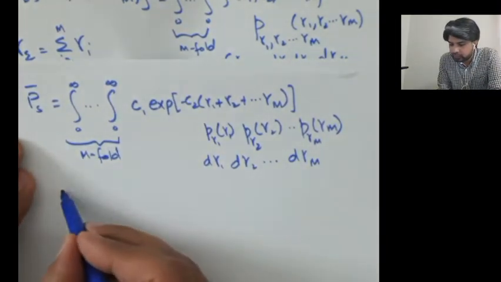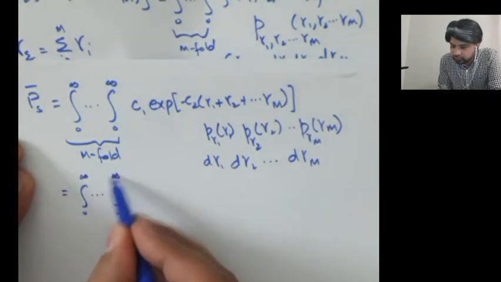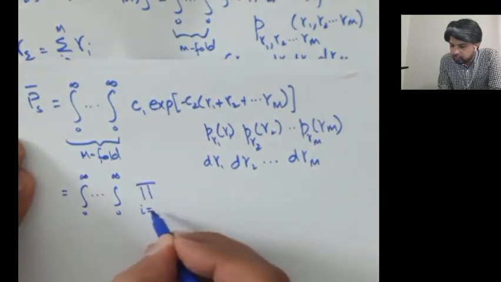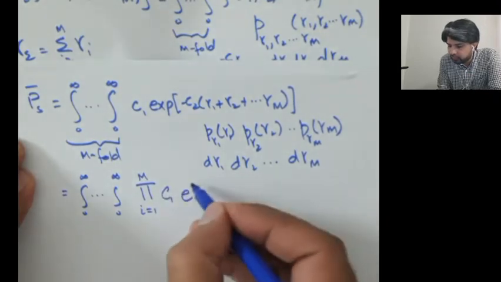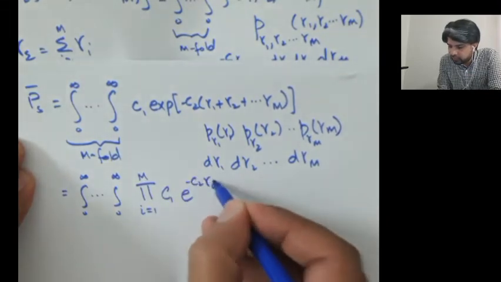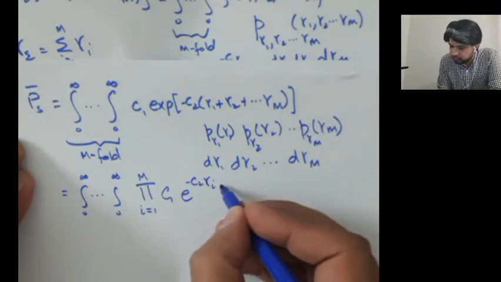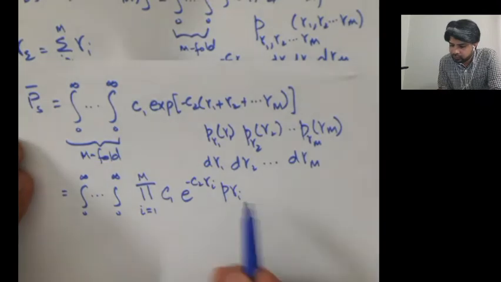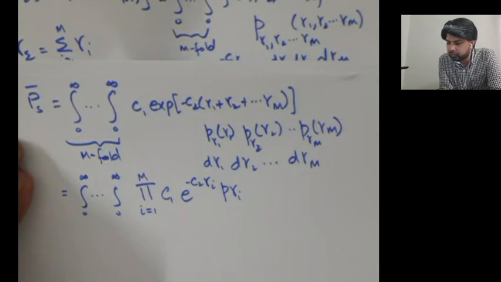So you can write it as integral from 0 to infinity, integral from 0 to infinity, and you would write it in terms of the product over i equals 1 to capital M of C1 e to the power minus C2 times gamma i, times p gamma i. So that's where you would have p gamma 1, p gamma 2, so that's also a product of capital M terms.